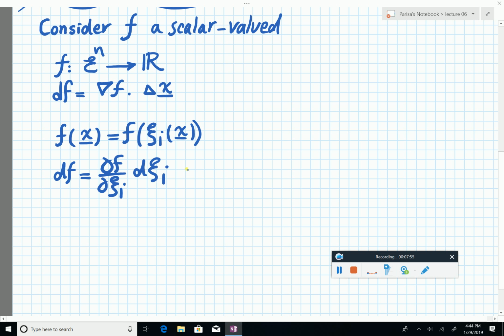And the nice thing is we already know how to calculate the differential of the coordinate function. So we use the gradient definition again.